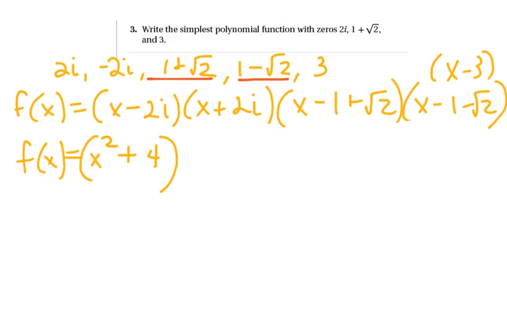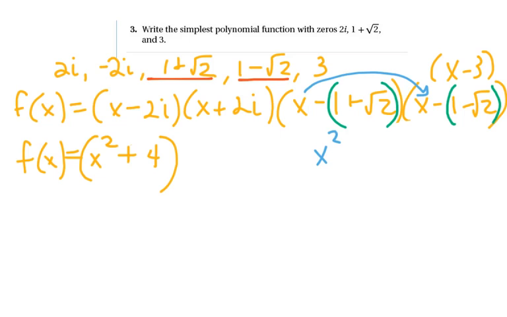Okay, so let's look at this. Let's put it in a different color. So x times x is x squared. Now let's put these in parentheses because it's going to help us here with our multiplying.